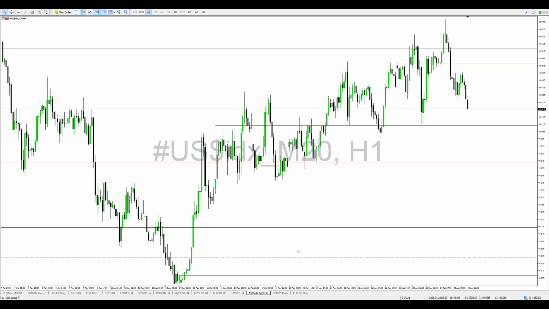Right. Another statistic to take note of on the dollar index. From the COT report data, we have seen that on the non-commercial side, there's been an increase in longs from 23,800 to 24,800.